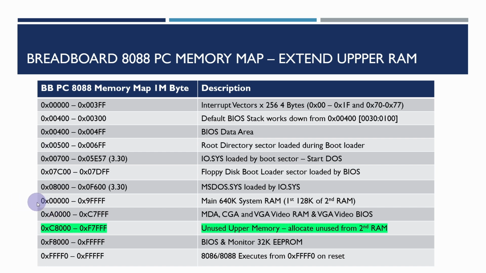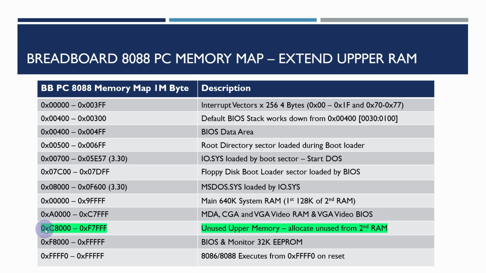You can see here that the main system RAM goes all the way from the start of the address space up to 9FFFF. That's just below A0000. And A0000 to C7FFF is where the monochrome display adapter, CGA and VGA video RAM and the VGA video BIOS are.